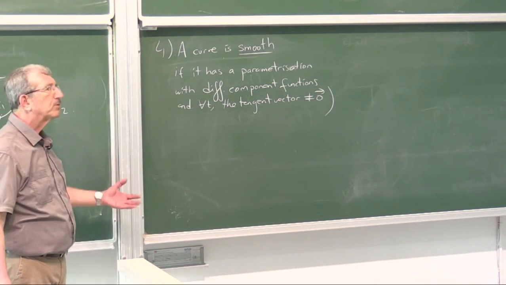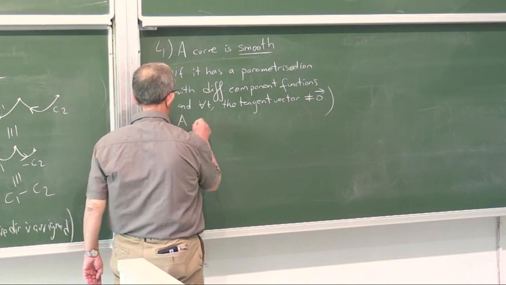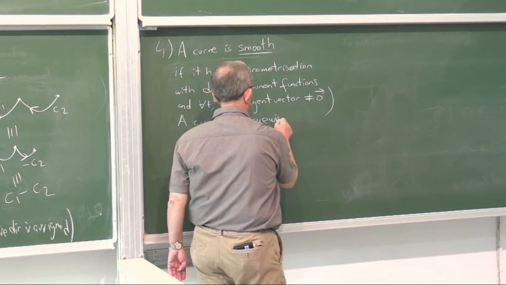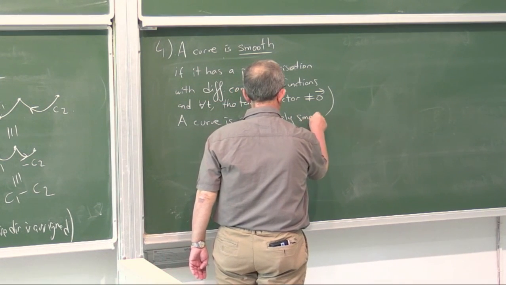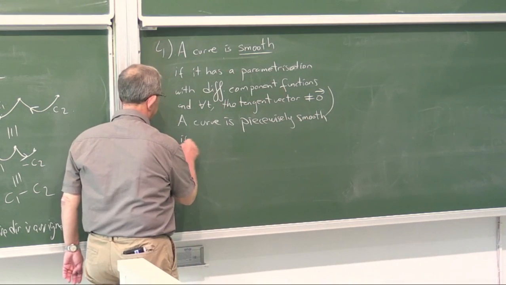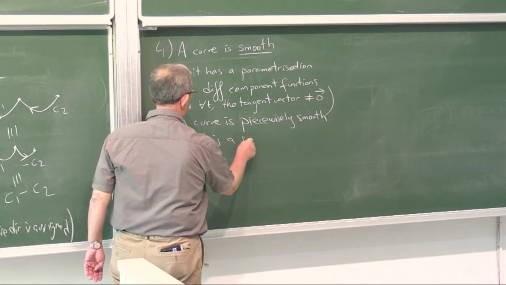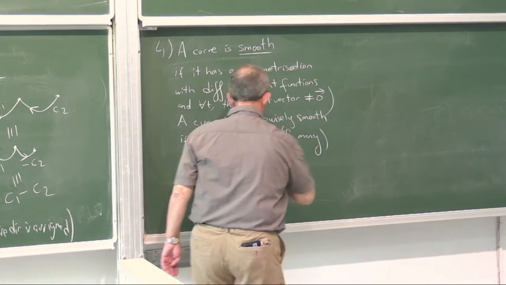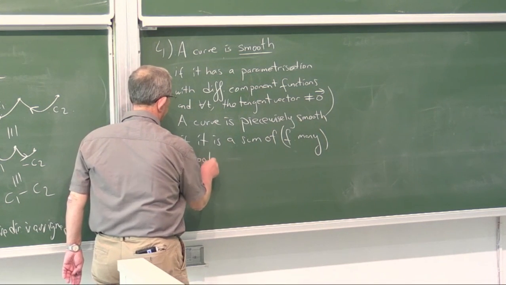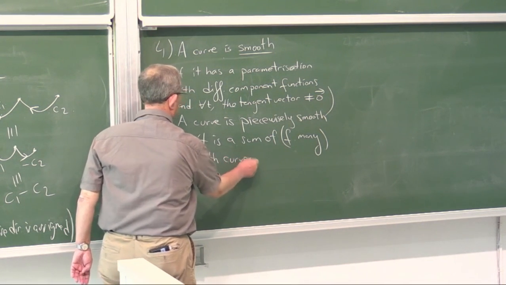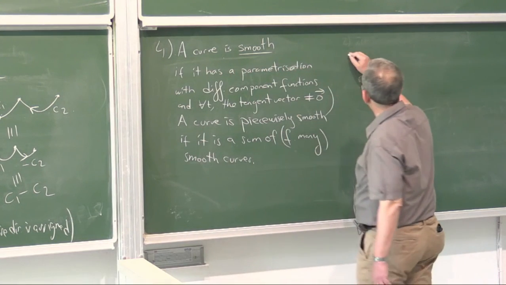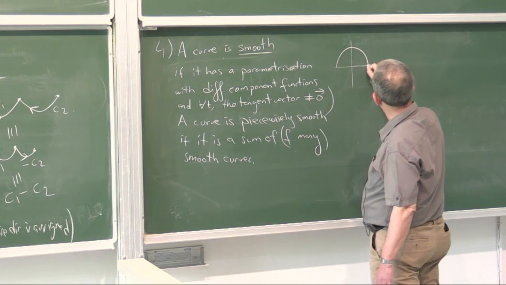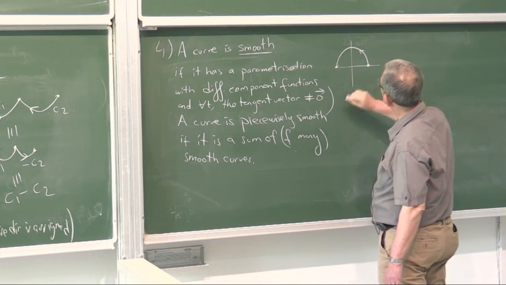And finally, it's called piecewise smooth if it is a sum of finitely many smooth curves. So, for example, a circle is smooth with an orientation.